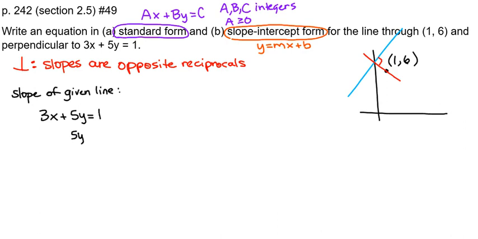So we're going to isolate the y, and then we can see the slope is negative 3/5. So that means that our perpendicular slope for the line we're trying to find is the opposite reciprocal of that. Since this is a negative, ours is going to be a positive, and instead of 3/5, we have 5/3. So that is the slope that we are going to use.